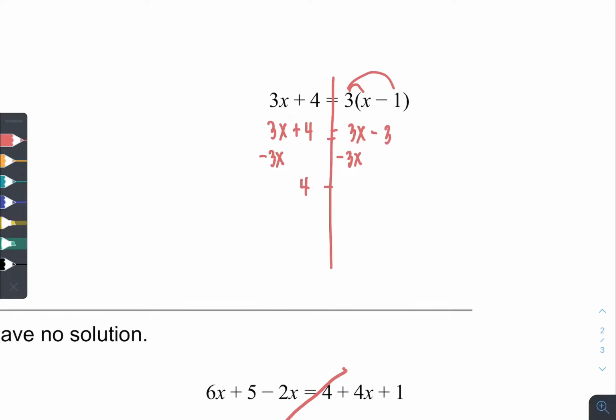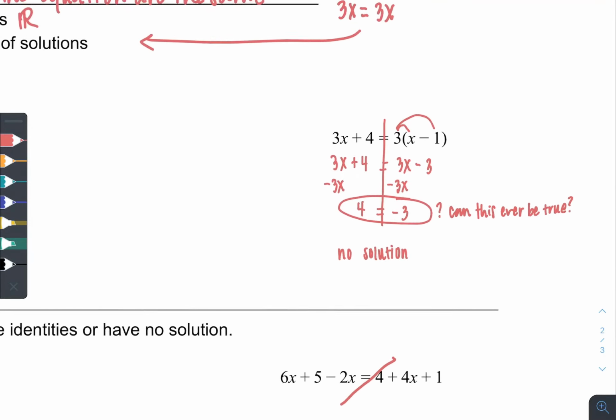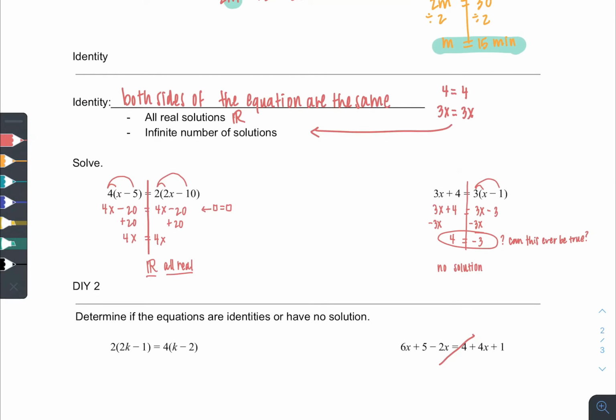I get 4 equals negative 3. Now ask yourself, can this ever be true? The answer is no, so we get no solution to this. All right, so that's why it was important we go over that problem, because we have all real numbers and no solution. So go ahead and do these two problems on your own right here.